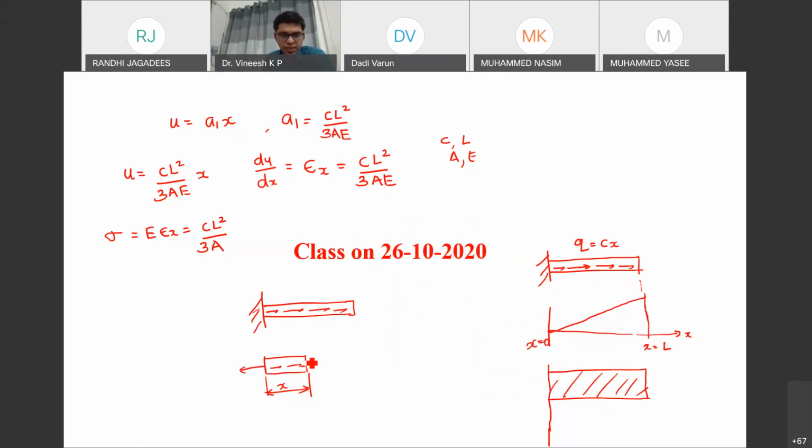If you look at the stress here, you will have some value. And if you look at the physics of the problem, at x equal to 0 the sigma is equal to 0, and when x equal to L, the sigma will be equal to maximum stress.